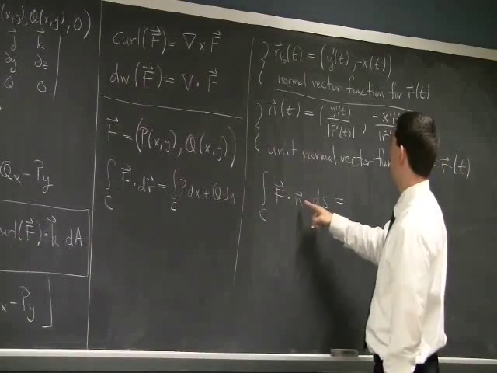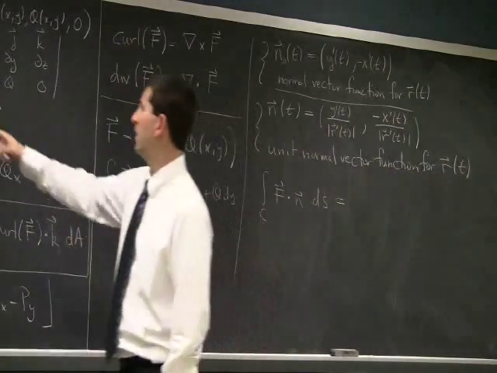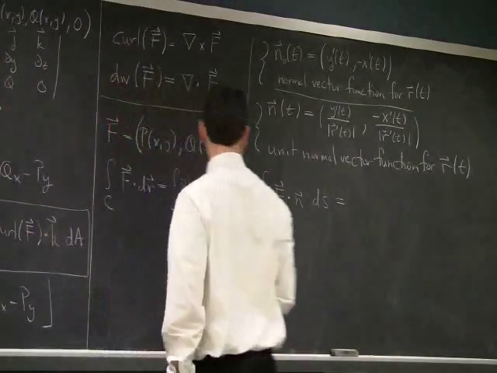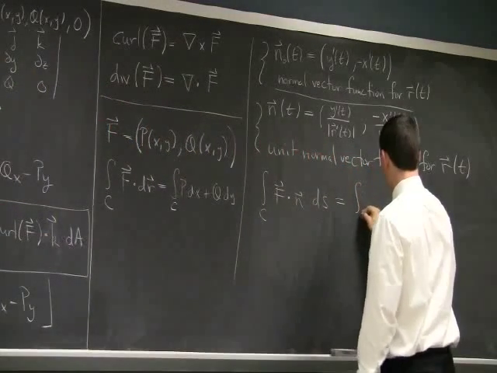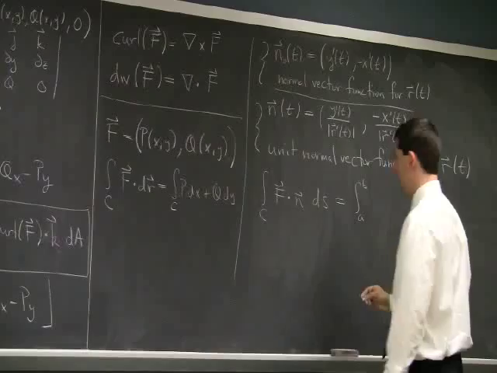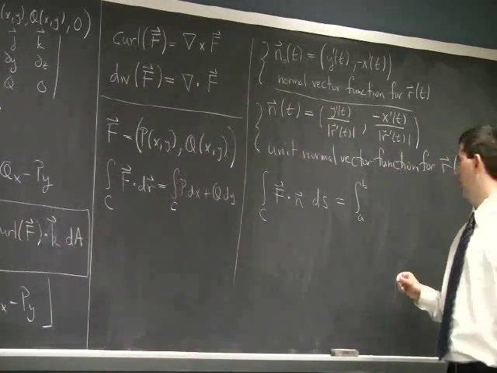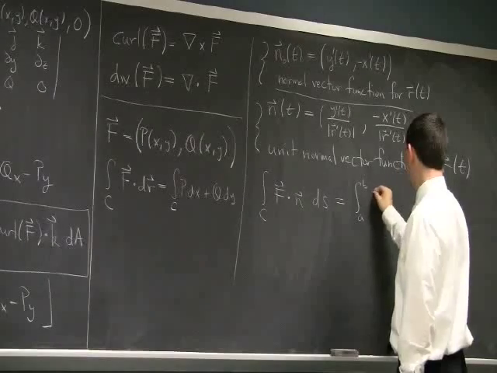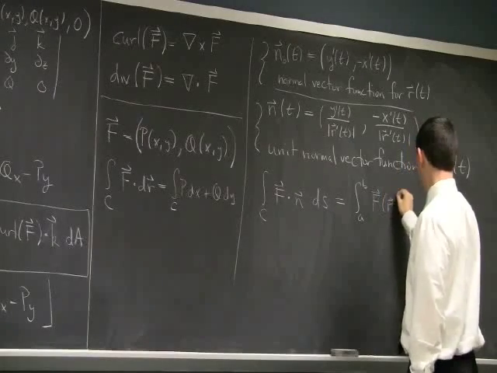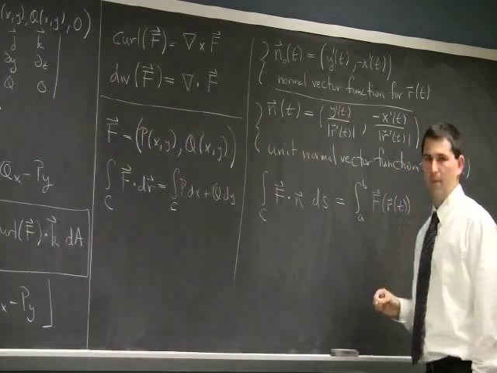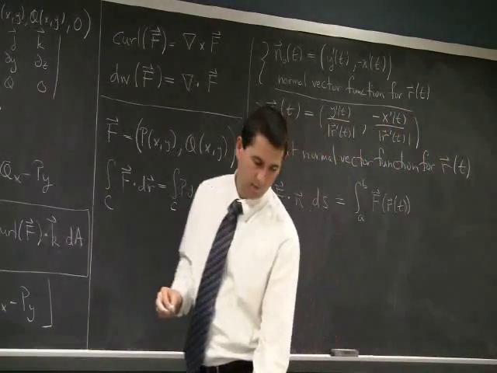Here we're going back to our r of t, which say goes from a to b. So we integrate from a to b. We have to evaluate the vector field at r of t.